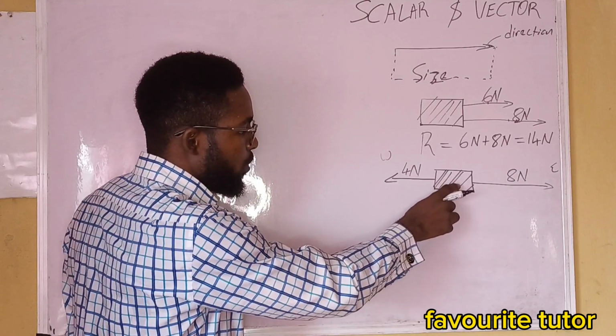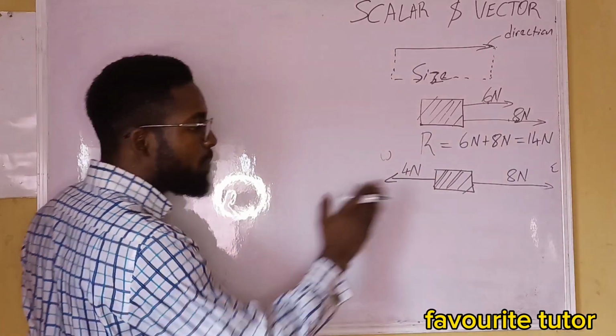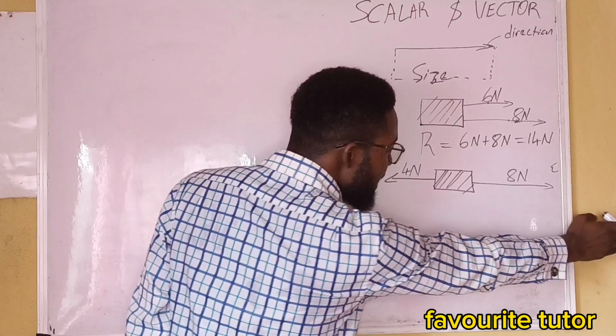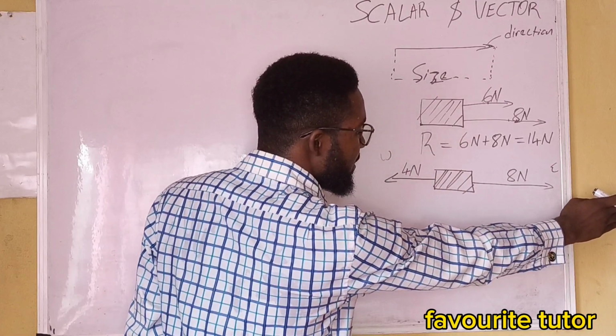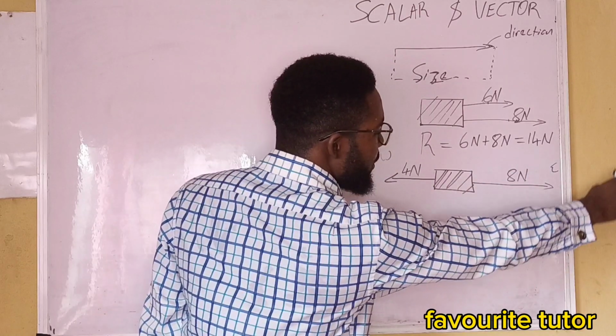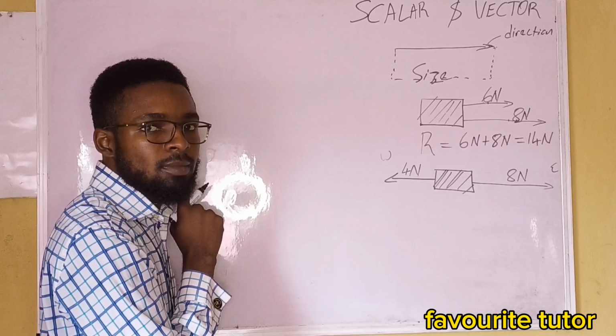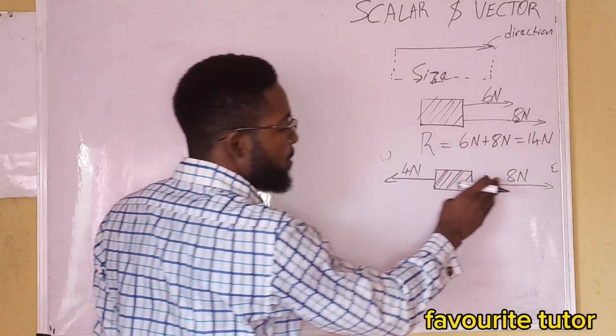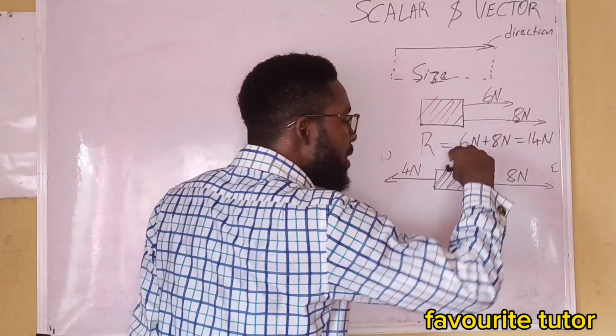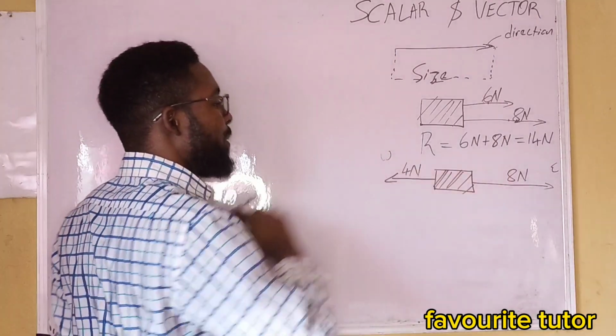Let us say this is the block. Where will the body move to? The body will move to the east, because the force on the east is greater than the force on the west. The body will therefore move to the east. Now, what is the net force on this body?